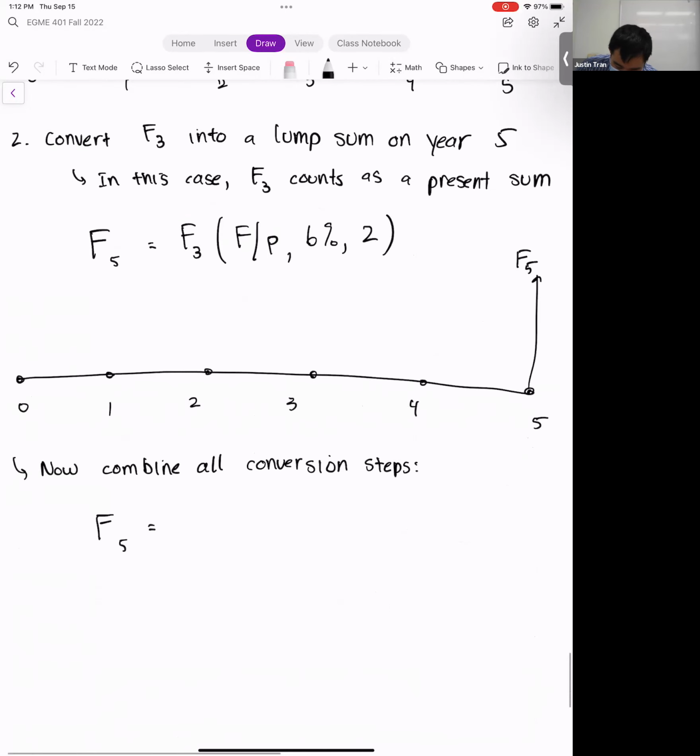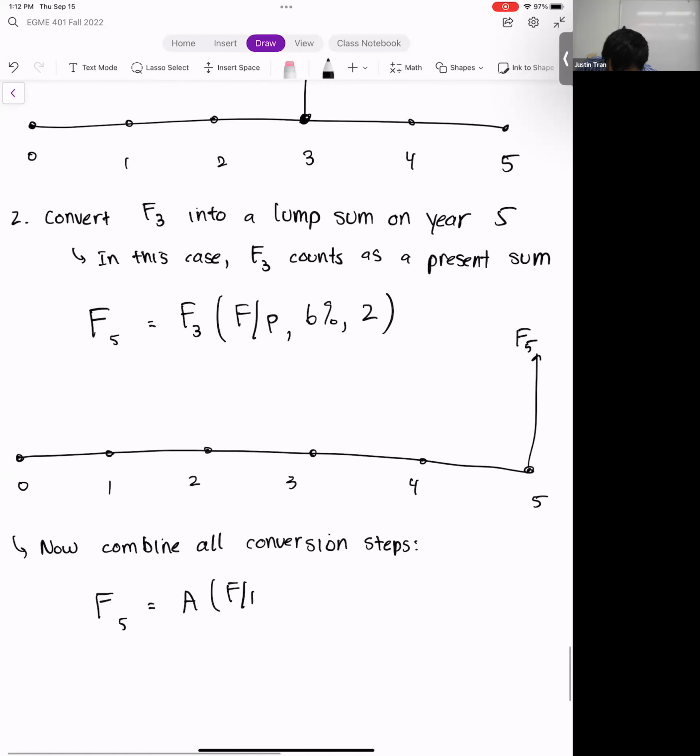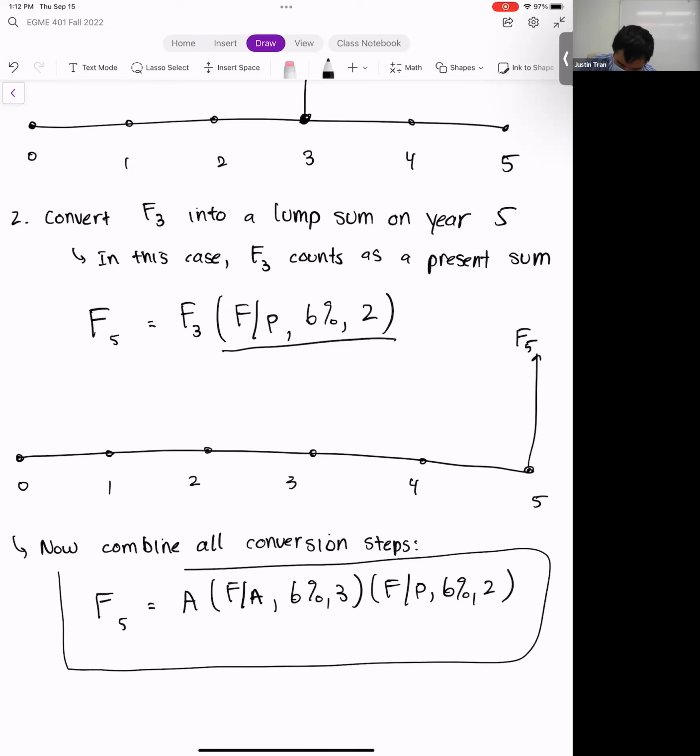And so this is going to be A, F over A, 6%, 3, okay? And the second conversion that we did was this one right here. And so then we multiply by F over P, 6% and 2. Okay. And so that's how we would take that uniform series that only extends up to the first 3 years and transform it into a single lump sum F5.